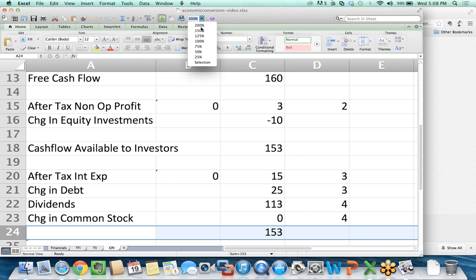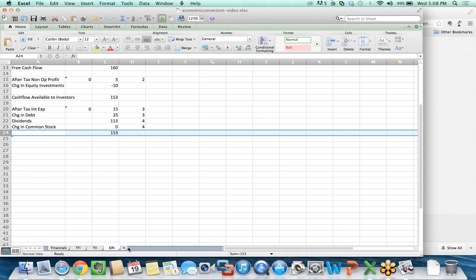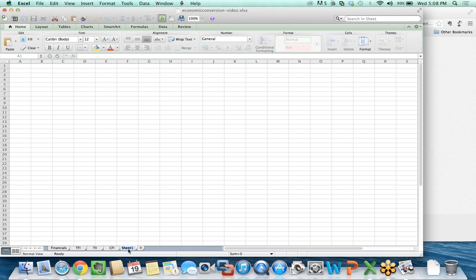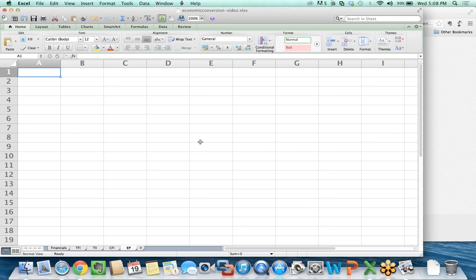Once we've converted the income statements and the balance sheets, we will then create a fourth tab called EP for economic profit. To do the EPs, I'll make relative reference to the years, last year, current year, and label. There are two ways to do economic profit. The first is the spread method using ROIC and a cost of capital.